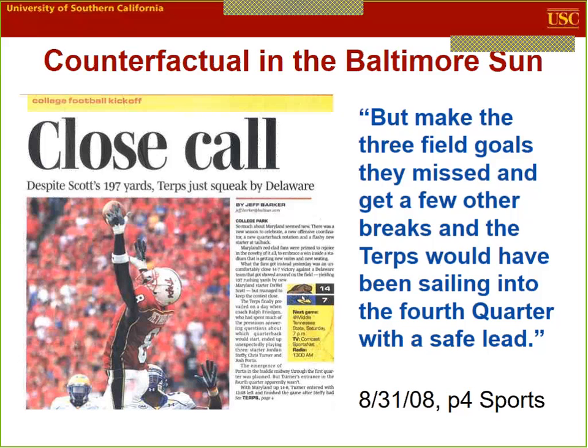They just squeaked by Delaware. But in this counterfactual game, if they had made the 3 field goals they missed and gotten a few other breaks, they would have been sailing into the fourth quarter with a safe lead. If you don't get the idea of the counterfactual from this, I can't find a better example.